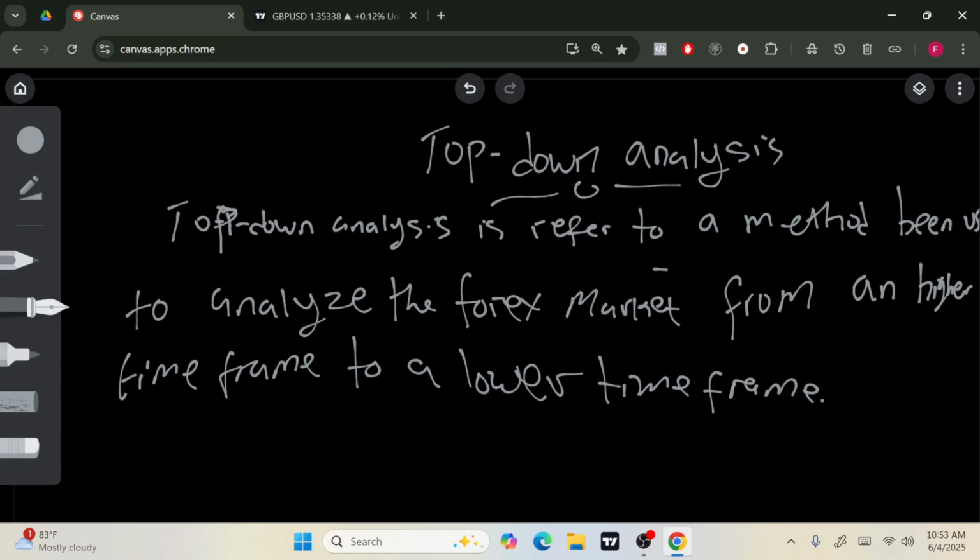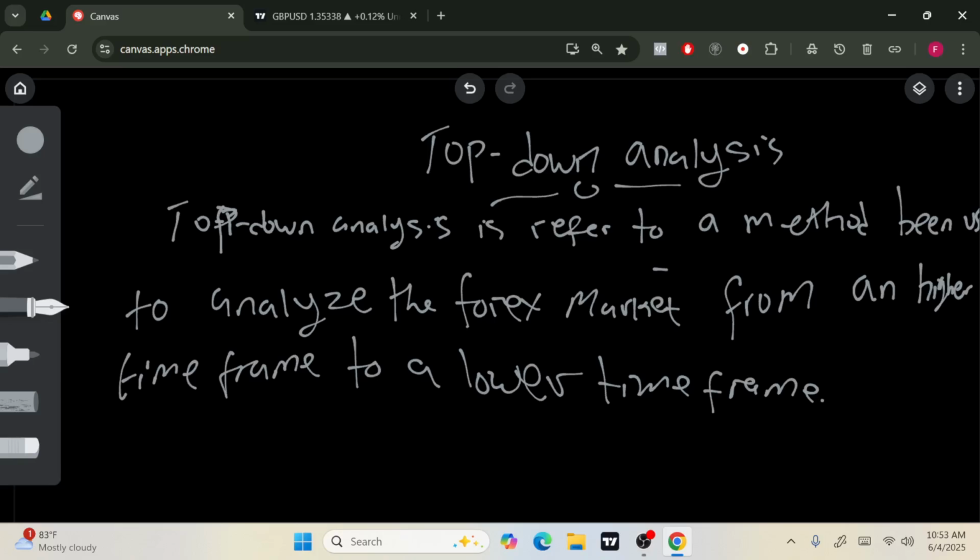Are we following, guys? Now, what are you looking at when it comes to top-down analysis? You are looking at integrating multiple time frame analysis.